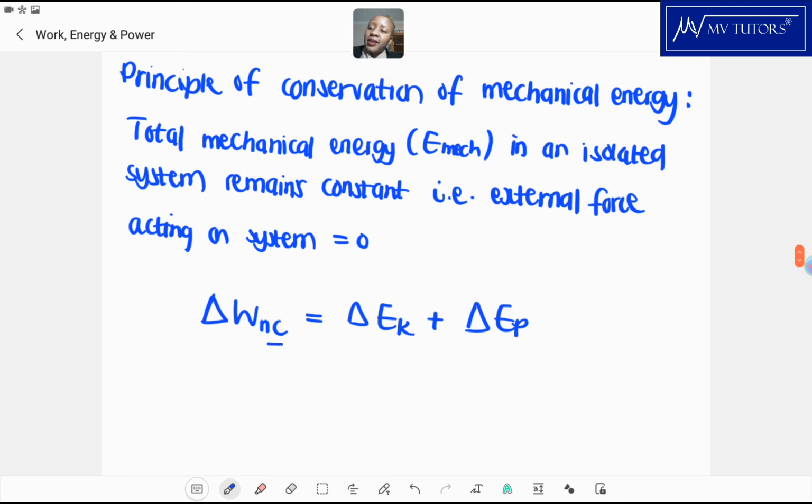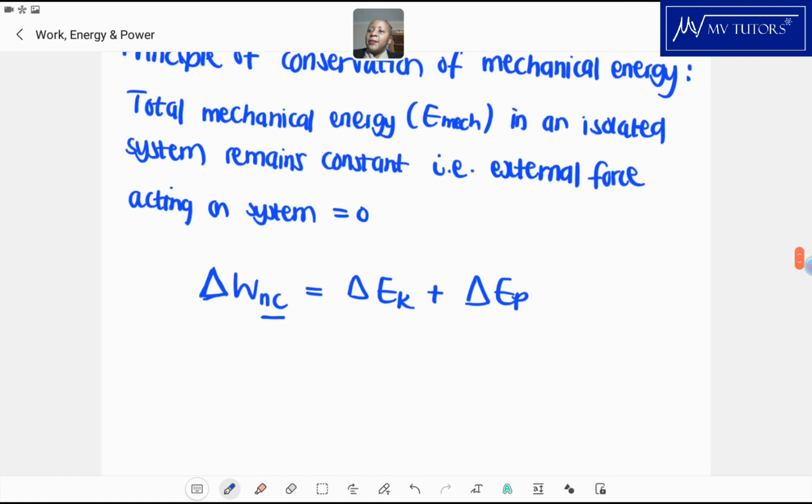This NC here, it's non-conservative, okay? And we just discussed that non-conservative forces, that could be your friction, it could be your air resistance or the tension in cables. So if you're looking at the total mechanical energy, that would be the change in kinetic energy plus the change in potential energy.